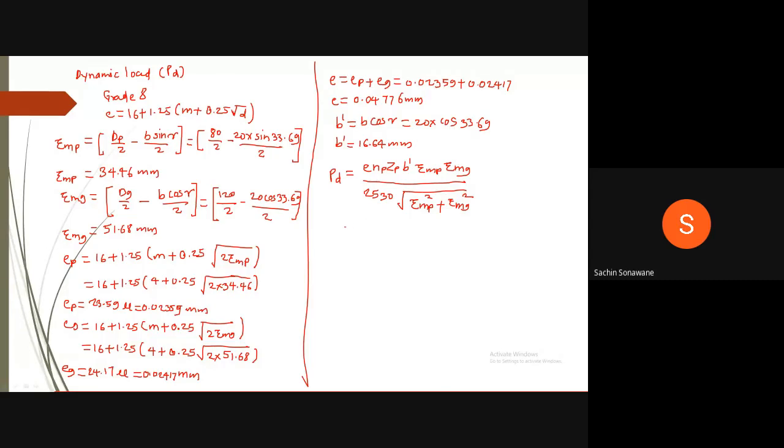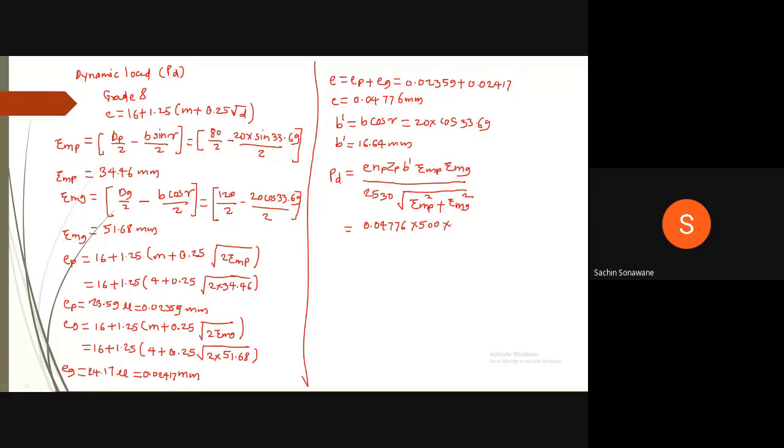Therefore, substitute the values. E is nothing but 0.04776 into NP. NP is nothing but 500 into 20.